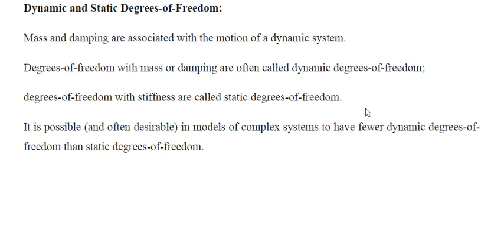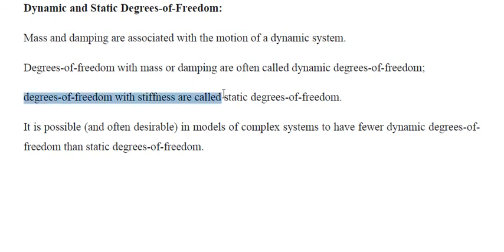If we consider mass and damping, that becomes the equation of equilibrium for dynamic problems. So what is the difference between dynamic problems and static problems? In a static problem, the equation of equilibrium depends on only stiffness. That is why we write K into Q is equal to F. That is what is written here.